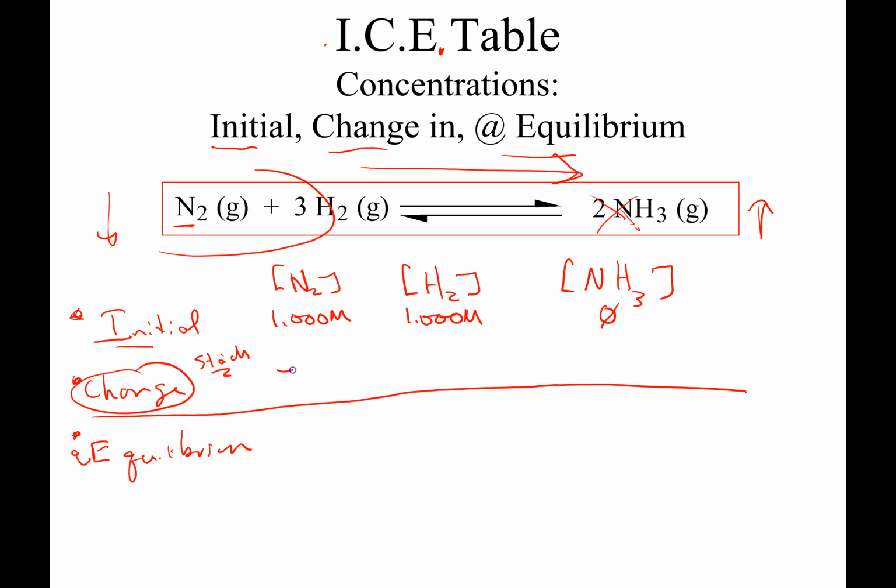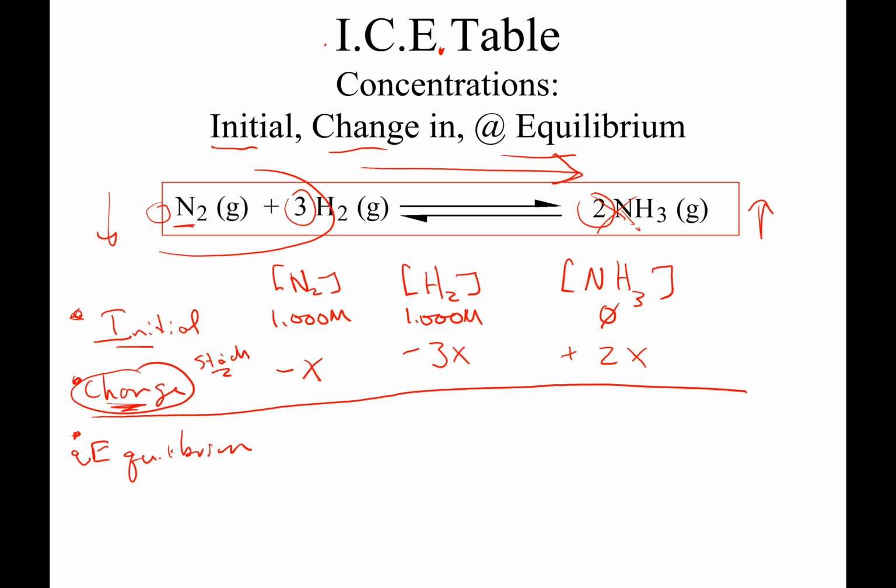So I'm going to put a negative x here, because it's going to decrease. And I'm putting just a negative 1x because the coefficient is 1. I would put a negative 3x here, and a plus 2x here. Those are relative changes. Does that make sense regarding their stoichiometry?